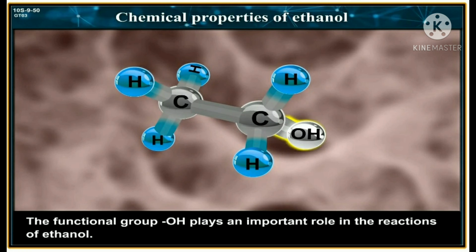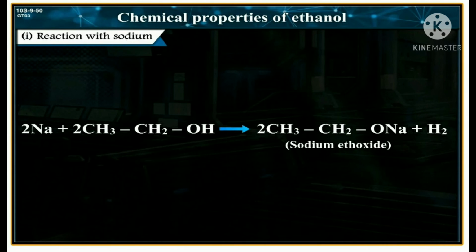The functional group OH plays an important role in the reactions of ethanol. First, reaction with sodium. 2Na plus 2CH3CH2OH gives 2CH3CH2ONa, that is sodium ethoxide, and hydrogen.